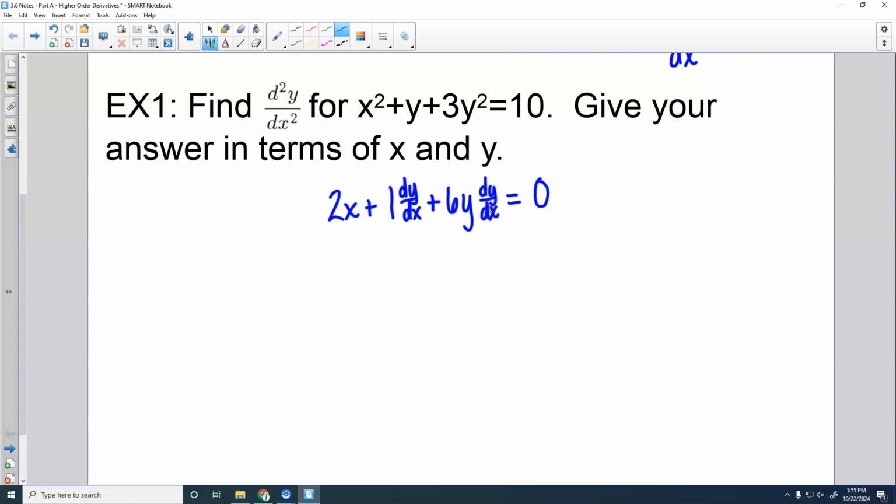Okay, Tyler, what are we going to do next? Good. Is it all right with you guys if I go ahead and factor out that dy dx in this step 2 of 1 plus 6y? That'll save me a step if I do that.